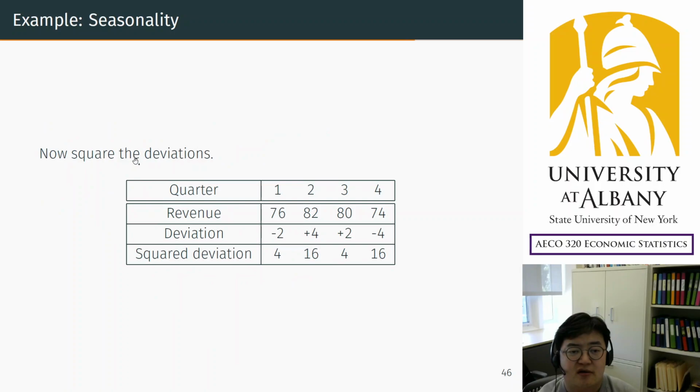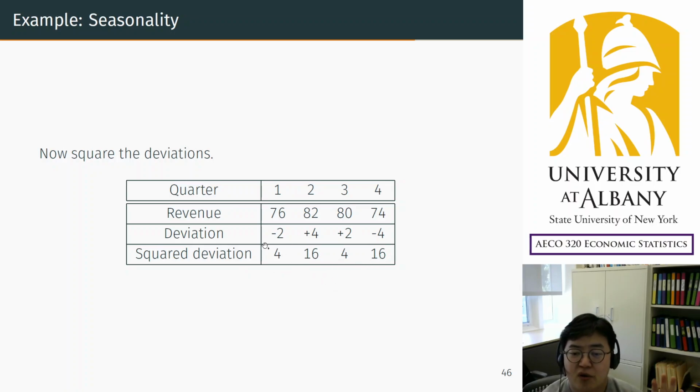And then the next step is to square the deviations. So minus 2 squared equals 4, and 16, 4, and 16. As you see, plus 4 and minus 4 are equally distant from the mean, so their squared deviations are the same, right?